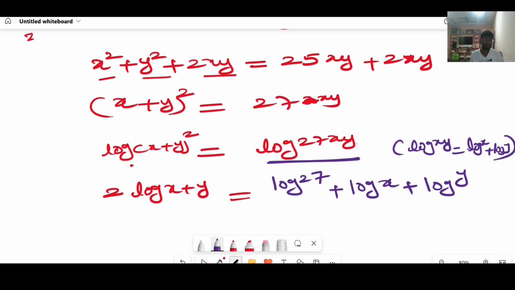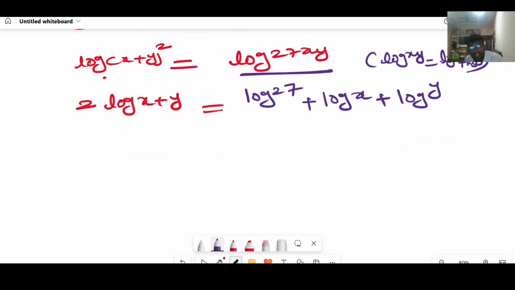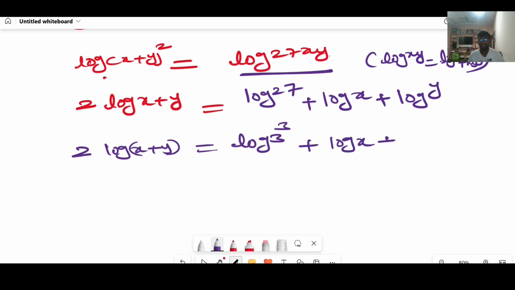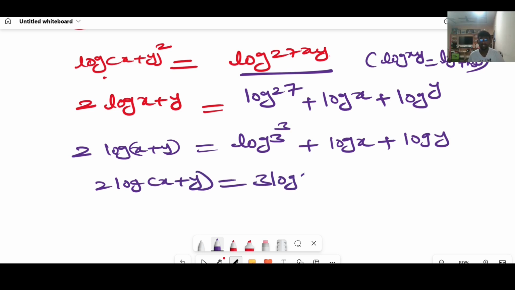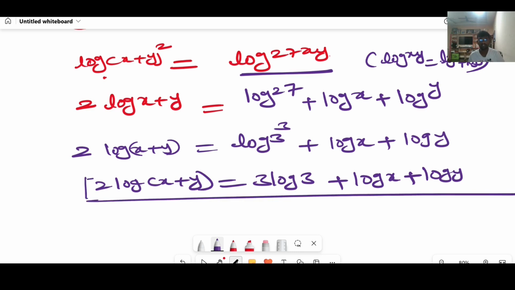We have been discussing the same concept for 1 hour, right? And then here 2 log (x plus y) equal to, can I write this as 3 cube, x plus log 5 and 2 log (x plus y) equal to 3 log 3 plus log x plus log 5, right.